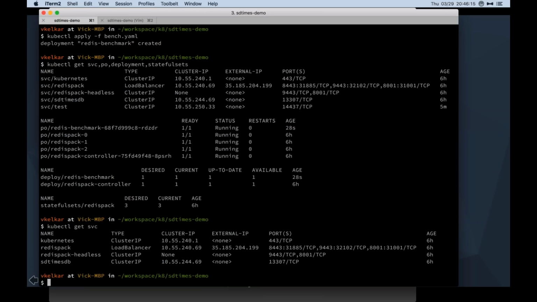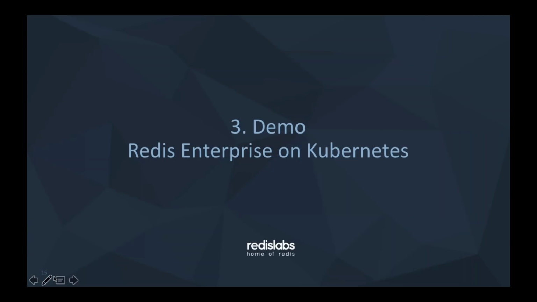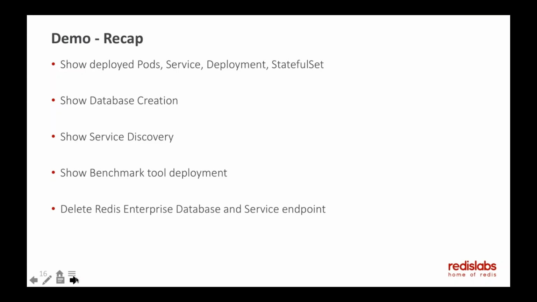So with that, I would like to stop here and remind everybody. I'm going to go back to my slide deck a little bit and refresh what we saw. What I showed you was what the resources and the resource footprint looks like when you deploy Redis Enterprise on Kubernetes.